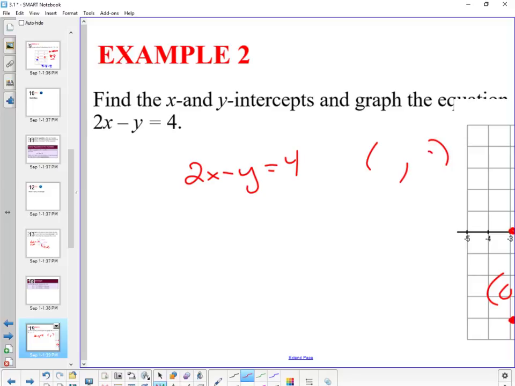It has to be 0. That means when I plug a 0 in here, guess what happens? All that's gone. So now all I have to do is divide by -1, and y is equal to -4. And the same is true about the x-intercept. If I want to find an x-intercept, I'm going to make the y 0. Okay?